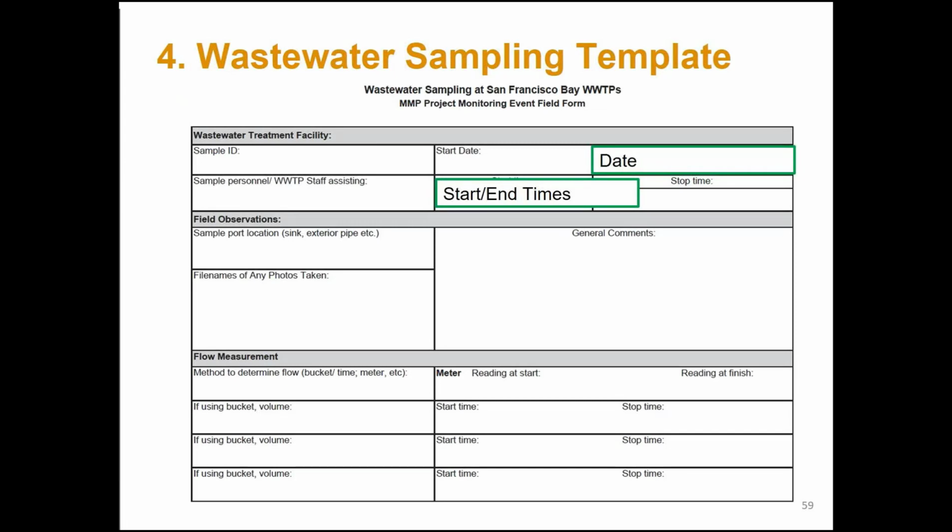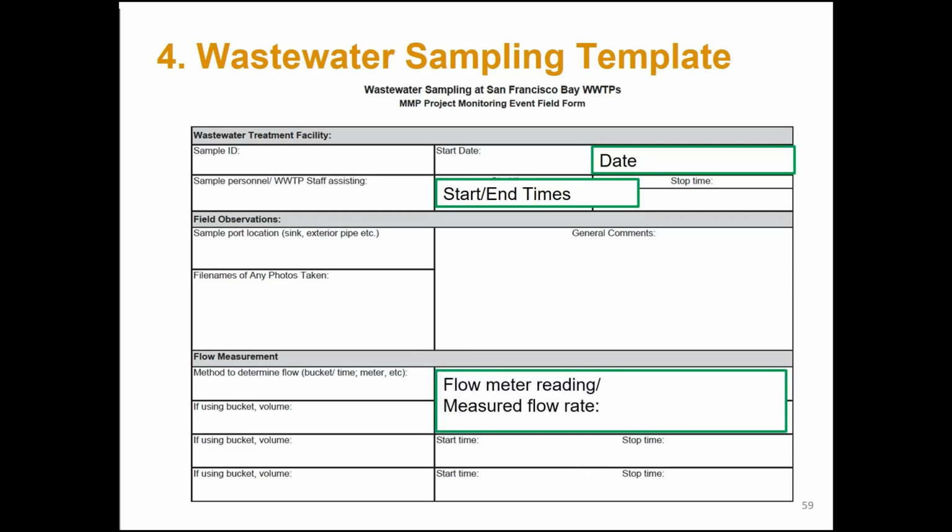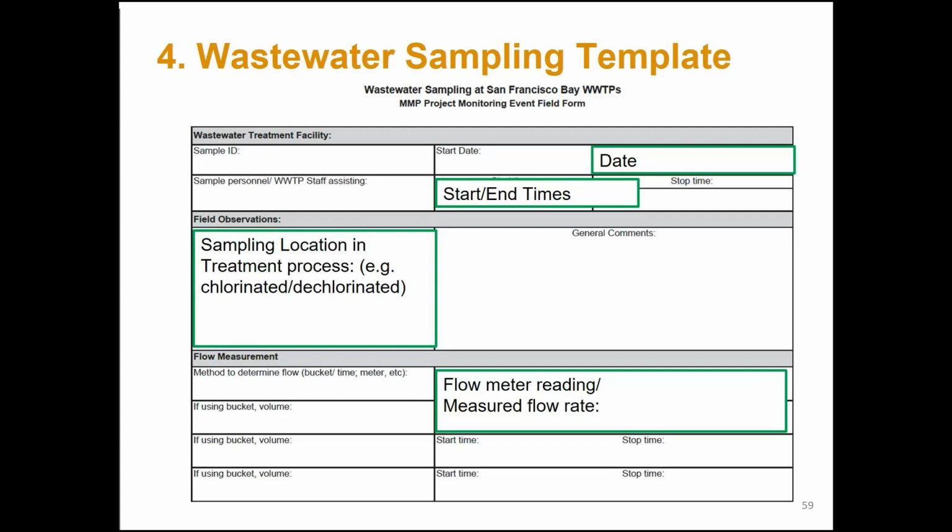This was the form that we used for collecting the wastewater sample in the field. Again, the date and start and end times, measuring the volume of water that was sampled through the sieves over the 24-hour period, and also marking the sampling location and where in the treatment process.